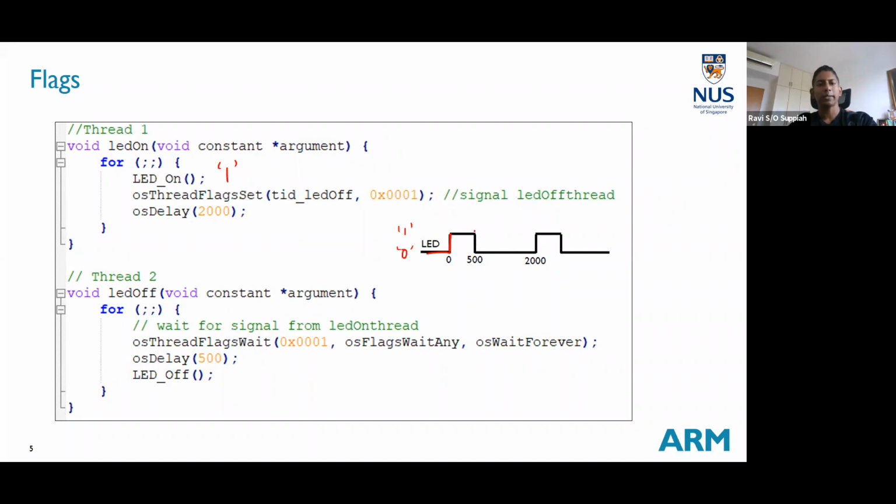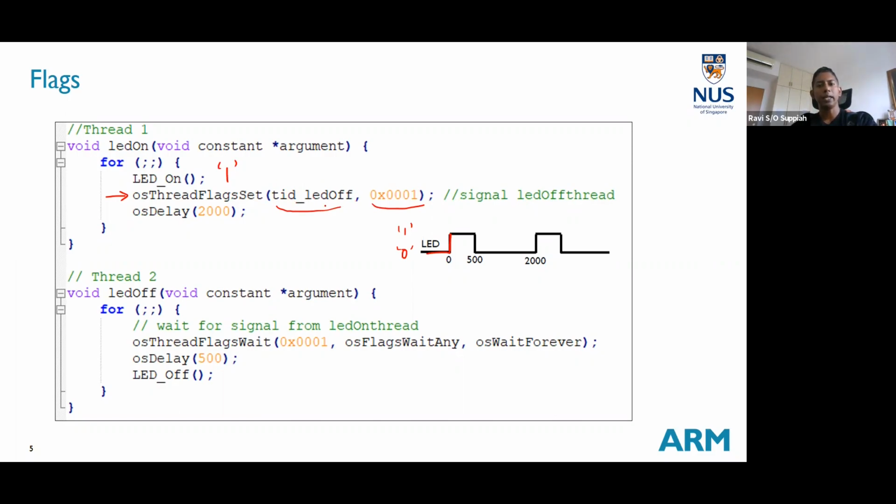Once I do that, I call OS thread flag set. When I call thread flag set, I need to specify which task I'm talking about and which flag I'm setting. In this case, I am going to set the flag for the task which is tied to TID LED off.